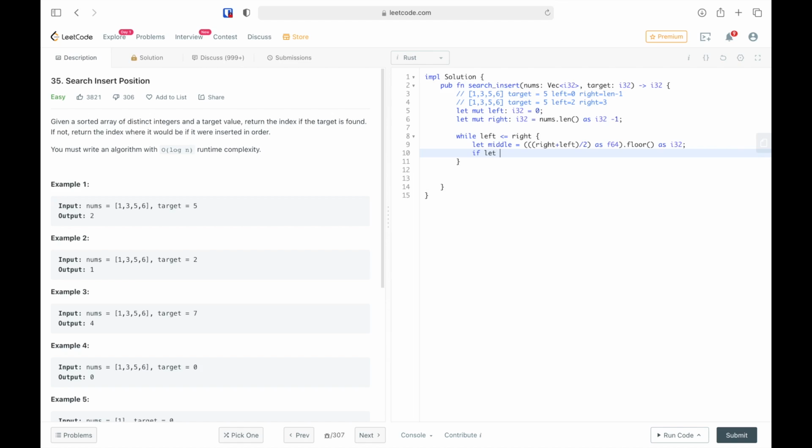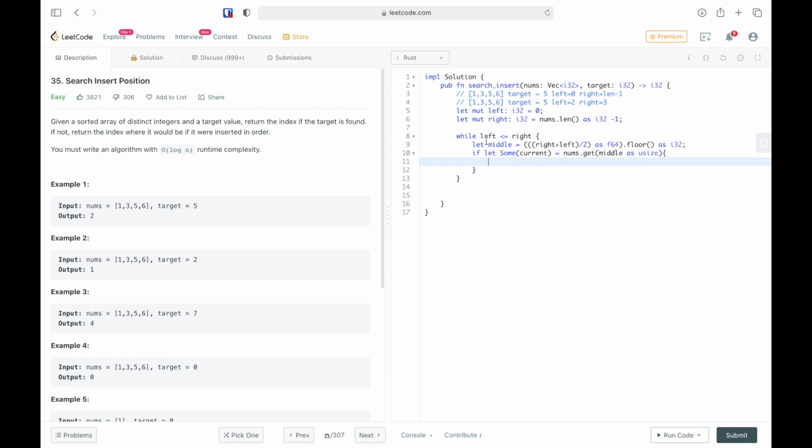So we're going to say if let Some(current) is equal to nums.get(middle as usize). nums.get is going to return either Some or None. So if there is something, then we want to go further. Otherwise, just keep iterating.